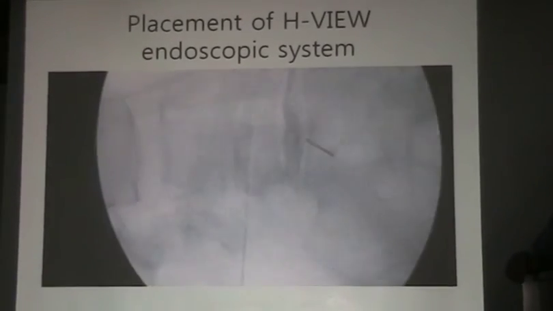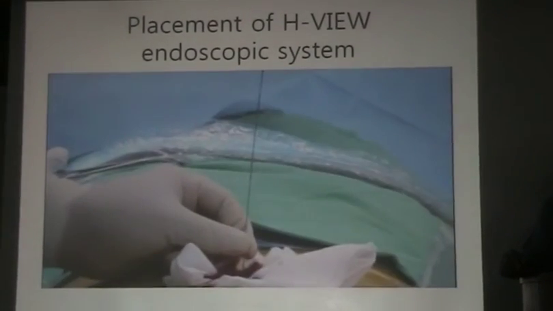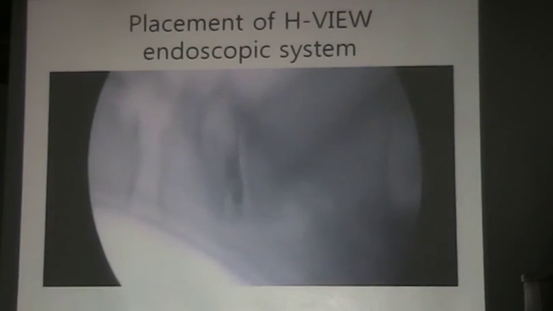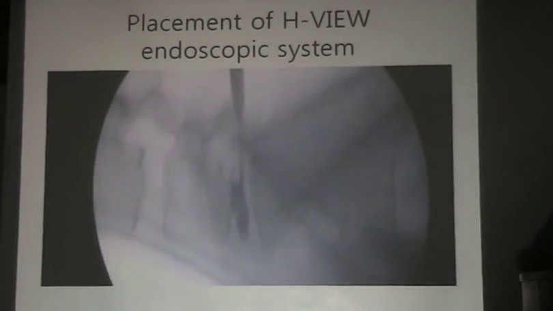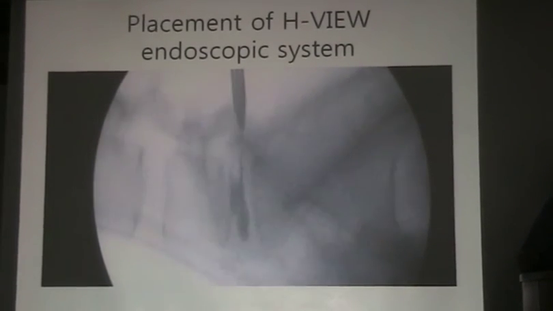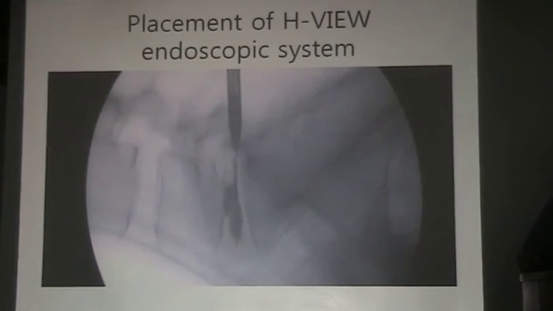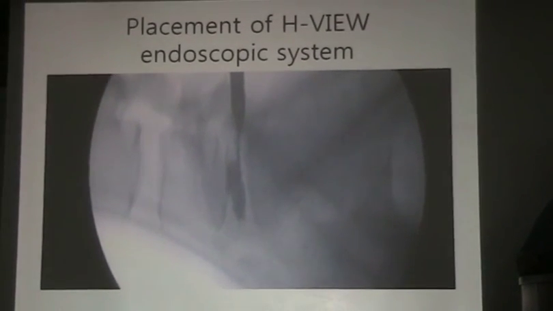Then placement of the endoscopic system, remove the stylet, insert the guide wire, and insert the obturator like this. Very easy and safe. Don't worry about root injury.